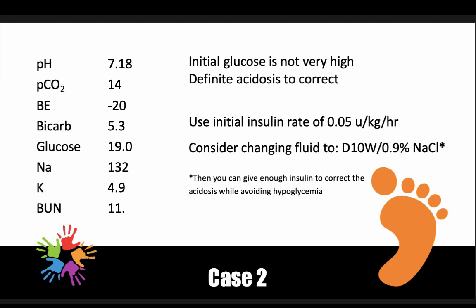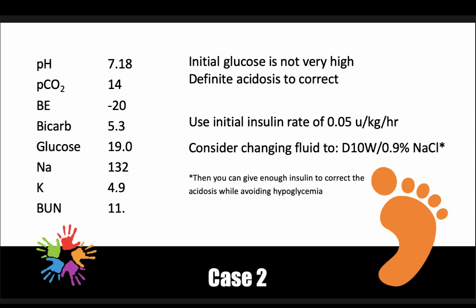What's different about this particular case is even though the acidosis is in the moderate range, that initial blood glucose is not very high, and you may find yourself in this kind of setting where you have a diabetic at home with an intercurrent illness that might be receiving some boluses of insulin, but not enough to clear the acidosis.